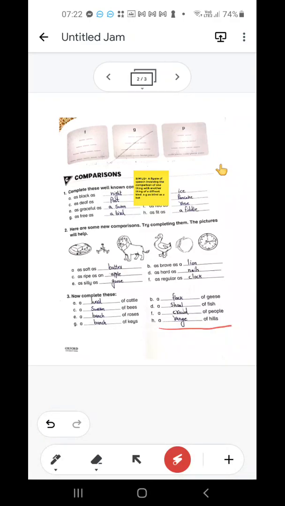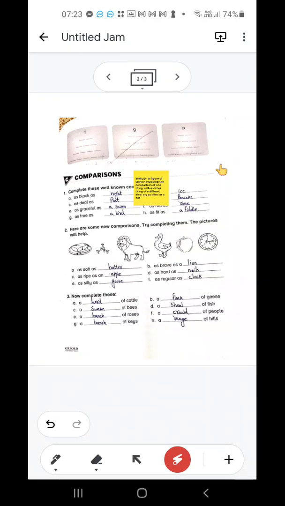And a range of hills, meaning consecutively you can see one hill and another as well. So students, these words are known as collective nouns. Why? Because they are representing the collection of things or lots of people or things at the same time.